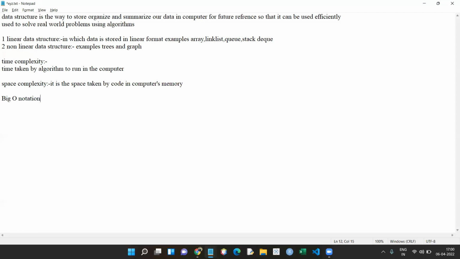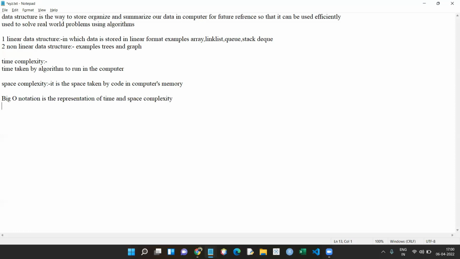Big O notation is the representation of time and space complexity.